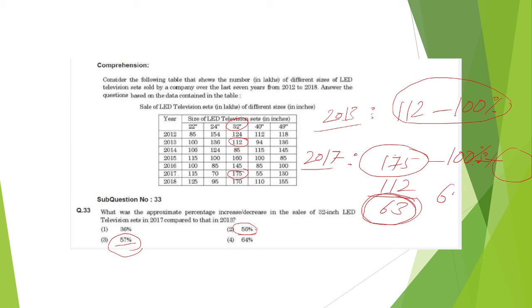63 is what percentage? Okay, we have to find. In 175, 112 is the original 100 percentage. Extra 63 is there.